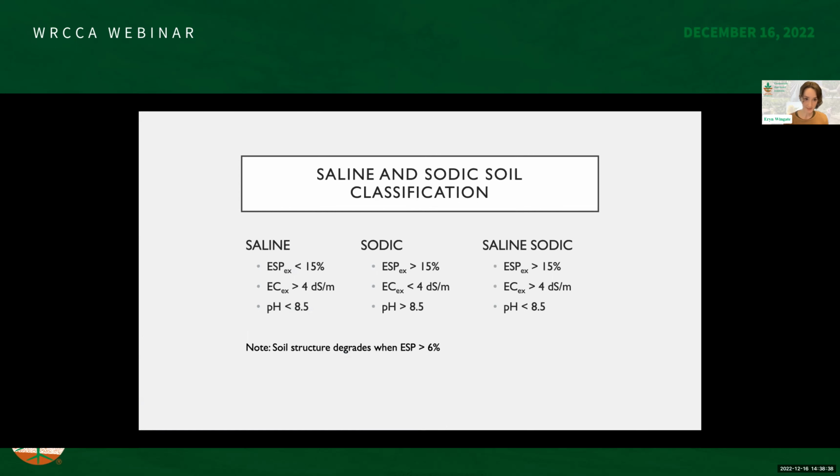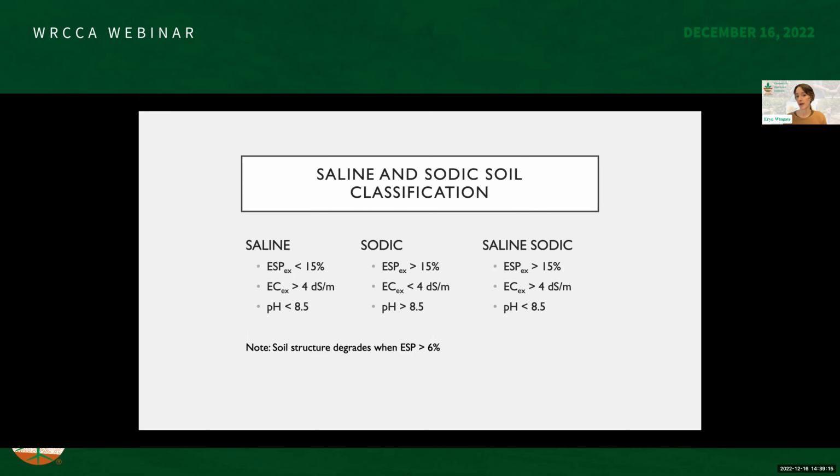So if the ESP is less than 15%, meaning sodium is occupying less than 15% of the exchange sites, but your electrical conductivity is above 4 decisiemens per meter, and your pH is below 8.5, then you're classified as saline. And you might not have structural problems in the soil, but you will have other issues and limited yield potential depending on the crop.